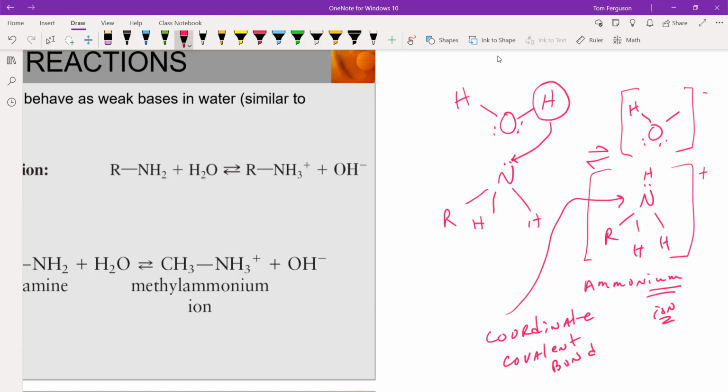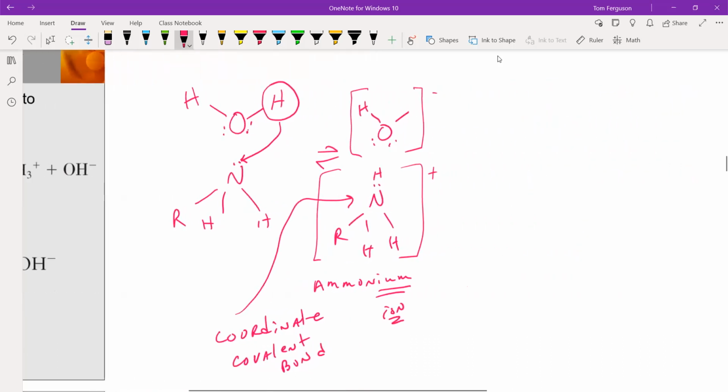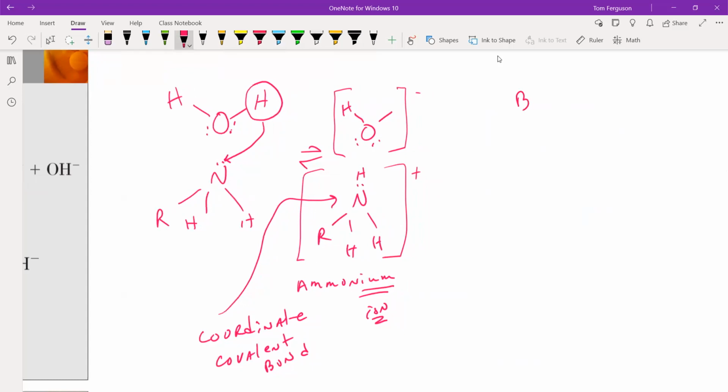So one of the definitions of a base is a hydroxyl ion dissociates. So if there's an OH present and it dissociates, it's considered a base.